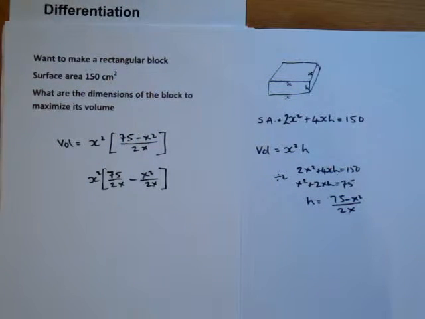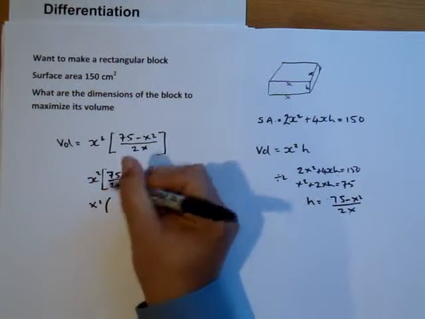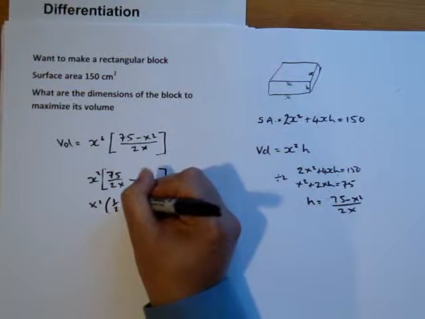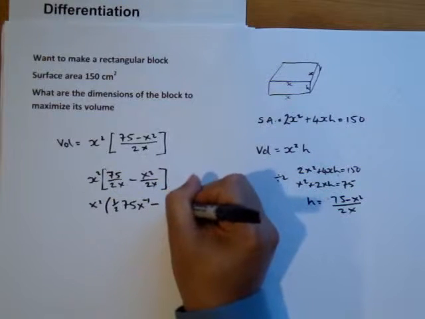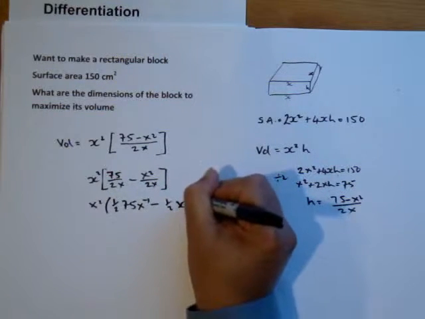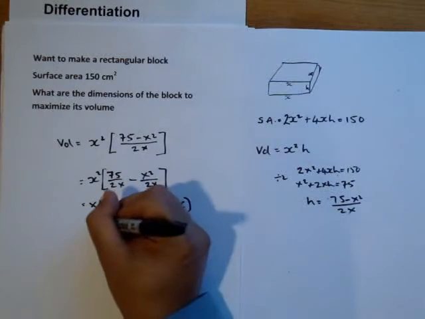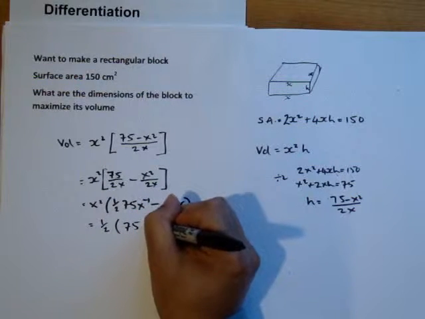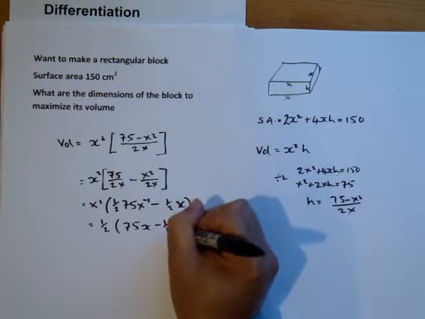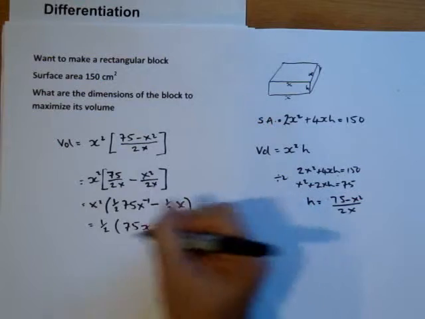And now if we get rid of the fractions, this becomes x squared, a half 75 x to the minus 1 minus a half x, multiply that through by x squared, and we get a half 75x minus a half x to the power 3. So this is our v.